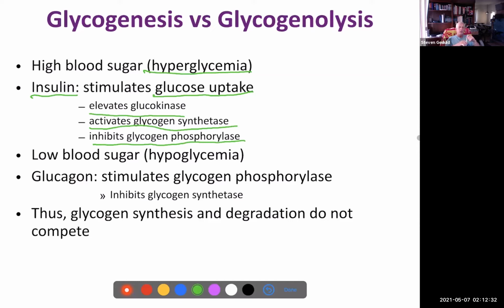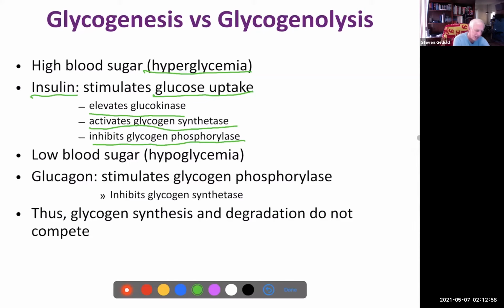It elevates glucokinase to phosphorylate glucose. It activates glycogen synthase, which forms the glycogen linkages, either alpha 1,4 or alpha 1,6. And it stops glycogen phosphorylase from phosphorylating glucose and putting it into the glycolysis pathway, so that would keep it in the blood. The basic effect is to get glucose out of the bloodstream and store it.